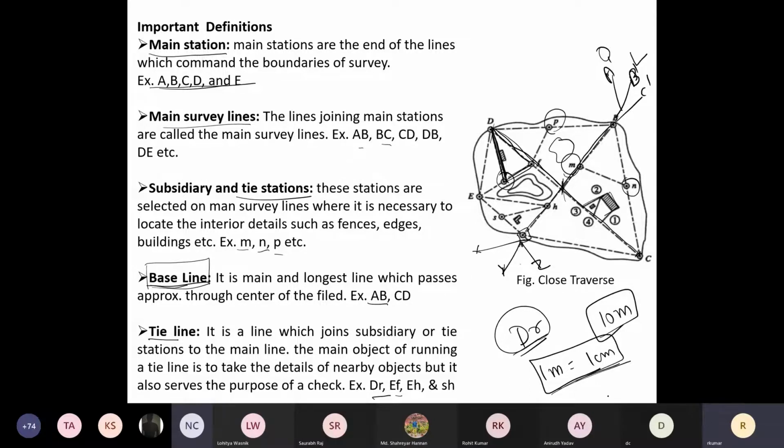Is it clear? Yes, sir. So in the map you will get some distance. Now that distance should match with your ground. So you will go to the ground, check again whether it is matching or not. Is it clear? Yes, sir. Okay.